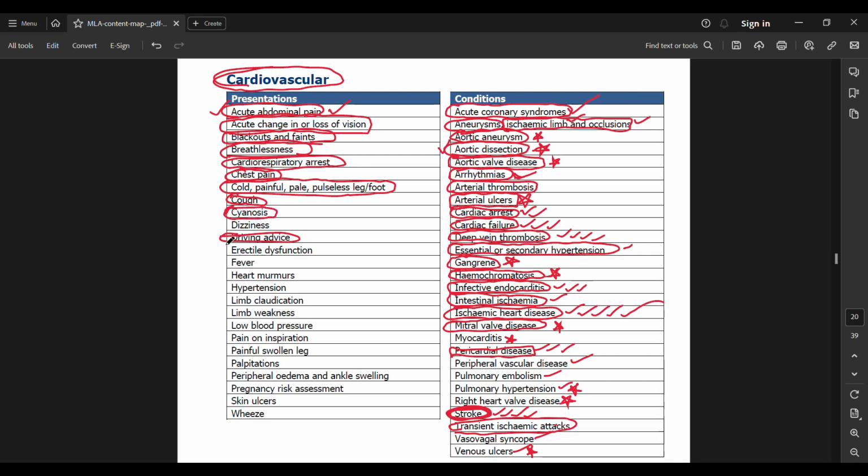Next, you have cyanosis, so Raynaud phenomenon, some kind of vascular disease. Next, you have dizziness, arrhythmias, right? Or even myocardial infarction. Next, you have erectile dysfunction. So this is very important, where you may prescribe a patient GTN or glycerol trinitrate, and you need to advise them on Viagra and GTN usage together.